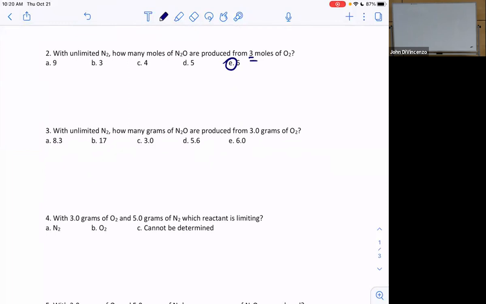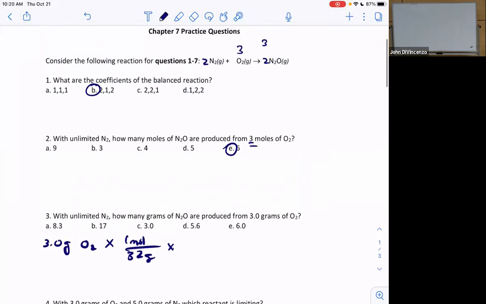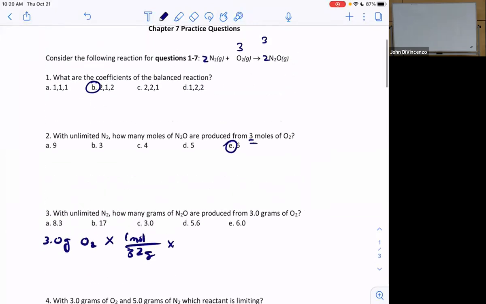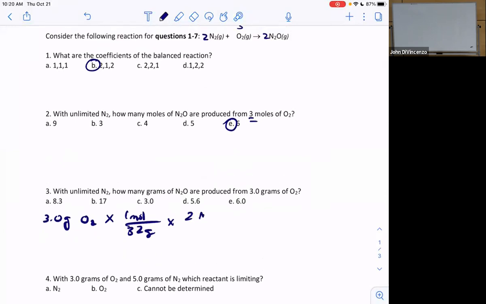Mass of A to moles of A, moles of A to moles of B. That's what we're doing here. 3.0 grams of O2 times, this is O2, so we'll say 32 grams per 1 mole. And then times we need to balance stoichiometry, and we're asked for grams of N2O, so 2 N2O for every 1 O2, and then we need the molar mass of that.